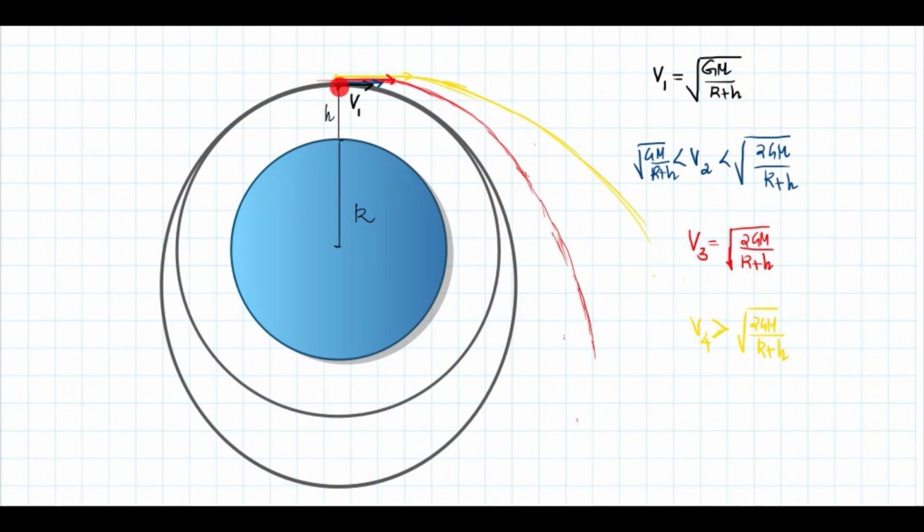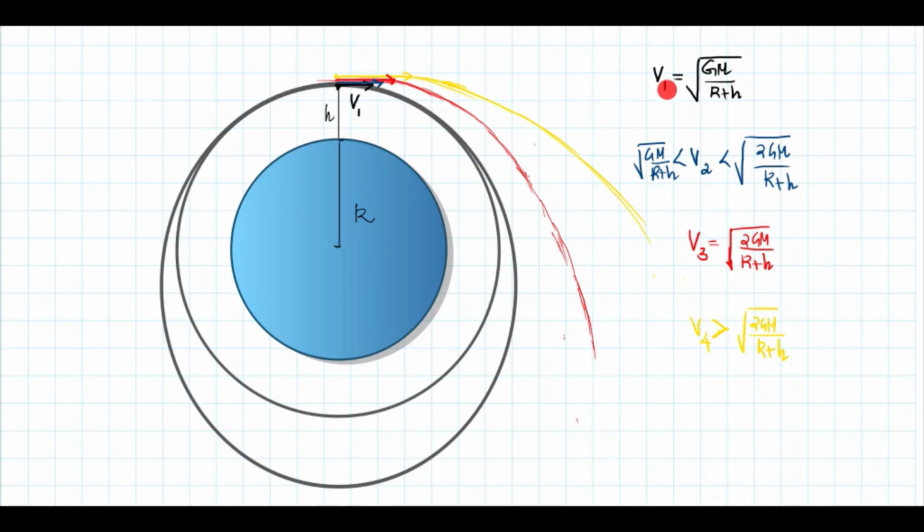Depending on the initial velocity of the satellite, it can have a circular orbit, or an elliptical orbit, or it can escape through a parabolic trajectory, or it can escape through a hyperbolic trajectory. First we will consider the case of a circular orbit.